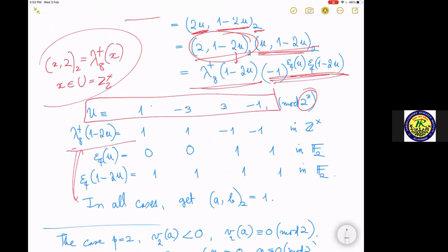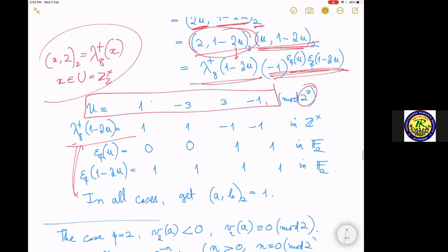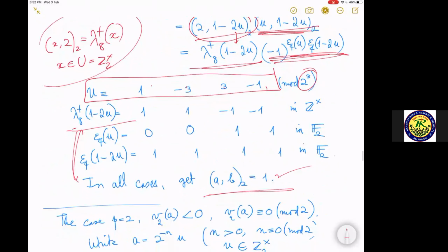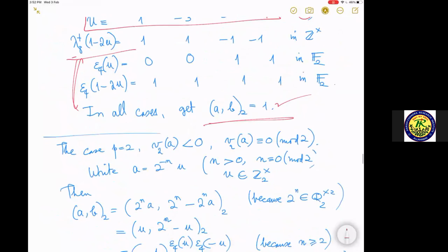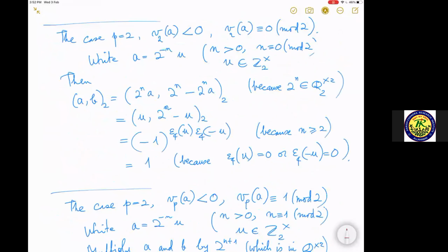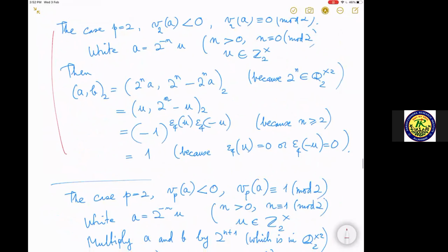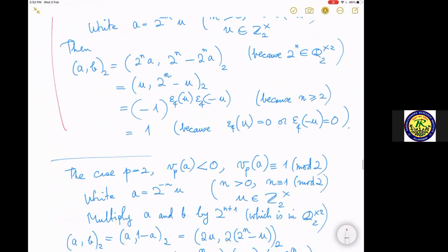One makes this kind of a table to check that you get this in all possible cases. Yeah, well, I would like something more conceptual, but it's just very computational. And similarly, I'll skip these 2 cases, when p is 2 but the valuation of a is negative, and either it's even or it's odd.